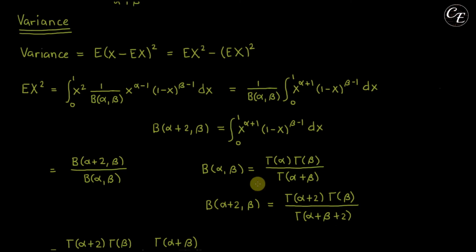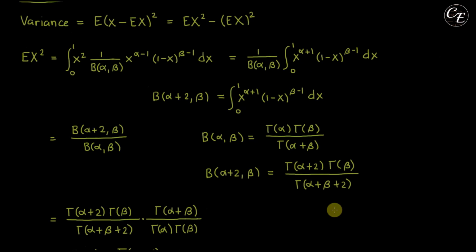Then substituting this in here, for the numerator, which is the same as this one, we have this one in here. Then times, for this one, which is big beta of alpha beta, the same as this one, we need to multiply by the reciprocal of this one with this one, since big beta of alpha beta is at the denominator. So we have this one from here.